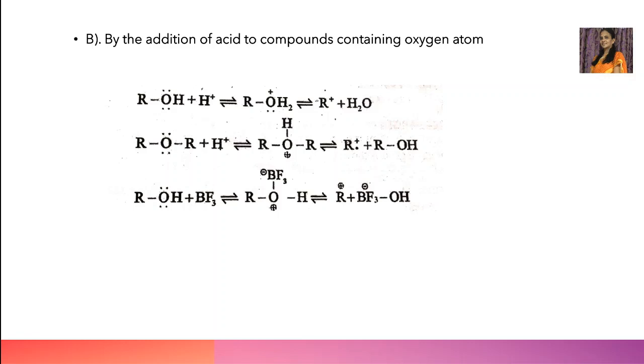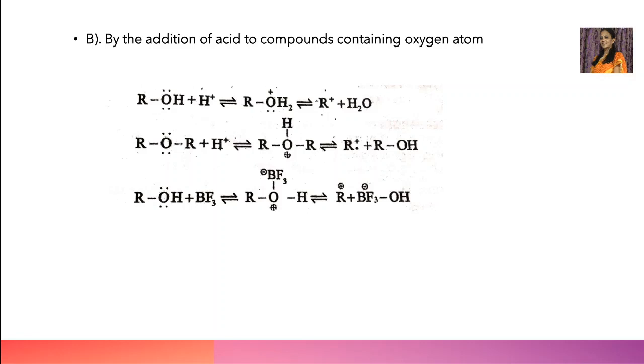This is the way in which the alcohol becomes protonated. In a similar way, when this is added to H plus, what happens is that oxygen, with the help of one lone pair, forms a bond with hydrogen, and oxygen suffers a positive charge.